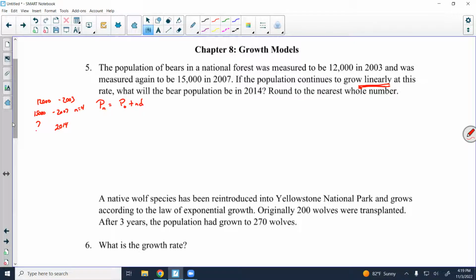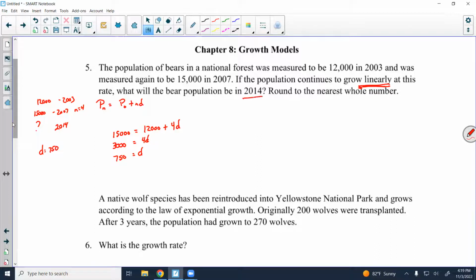So P sub 4, which is 15,000, equals P sub 0, which is 12,000, plus N, which is 4, times D, which I'm trying to find. So I subtract 12,000 from both sides. I have 3,000 equals 4D. Divide by 4, and I have 750 equals D. So now I know D is 750.